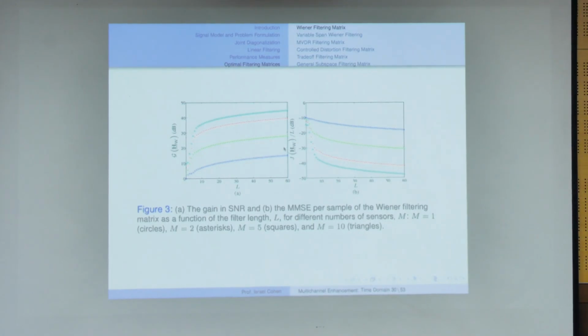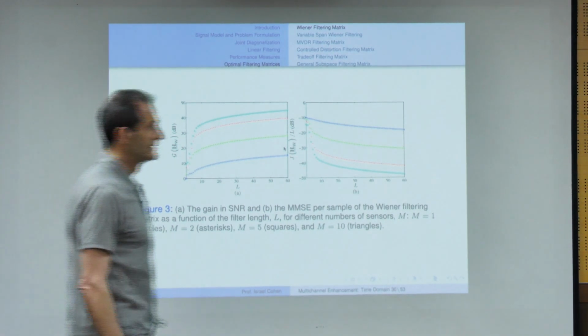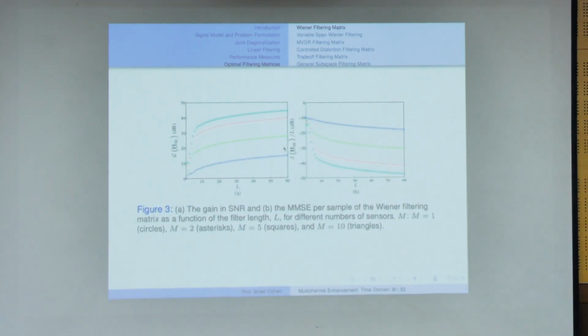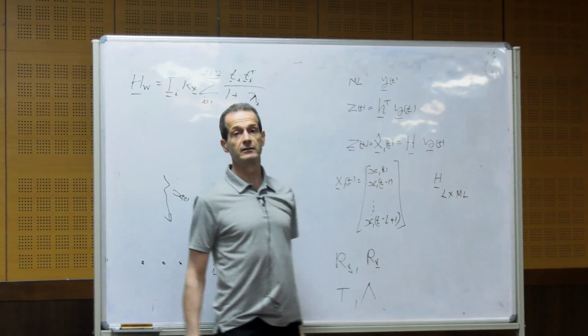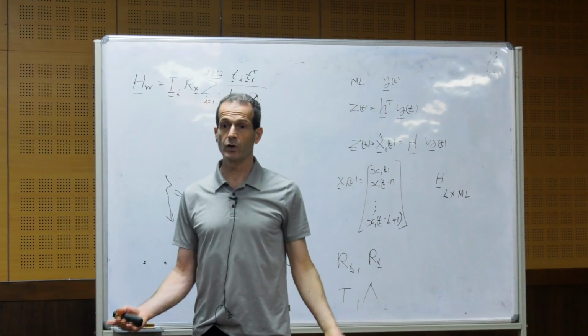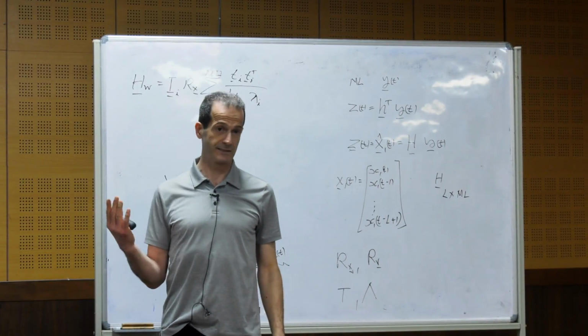When you increase L or when you increase M, you increase the number of samples or sensors, and you have a longer vector, because you use more samples from each sensor and you have more sensors, so a longer vector of measurements.